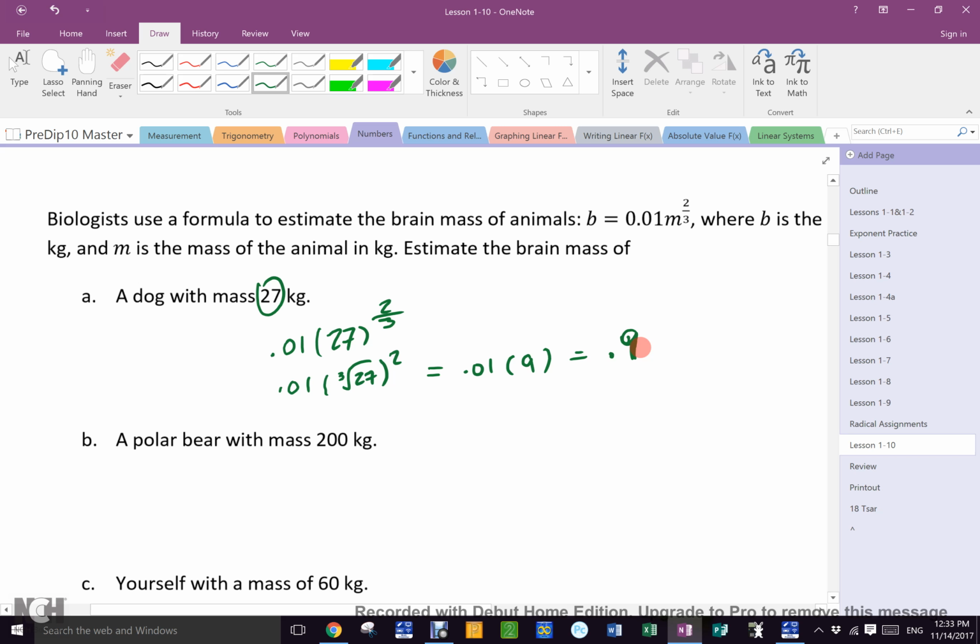Easy peasy lemon squeezy, yeah? Done it in our heads. I did 0.01 times 9 and I got 0.09. Oh, right, two decimal places. Sorry, needed two decimal places.